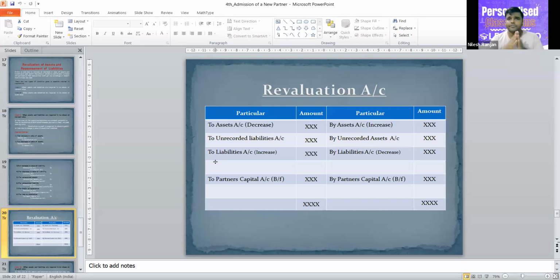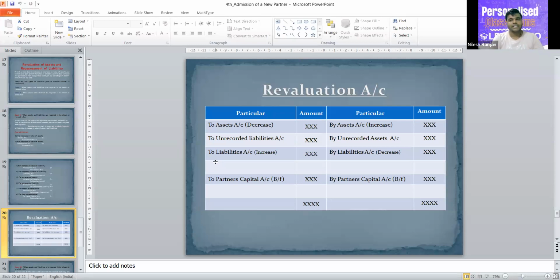It means if the asset value is 50,000 and it is said that the value increased to 70,000, there is an increase of 20,000. Because the old value was 50,000 and the new value given is 70,000. So increase to means there is a new value given.